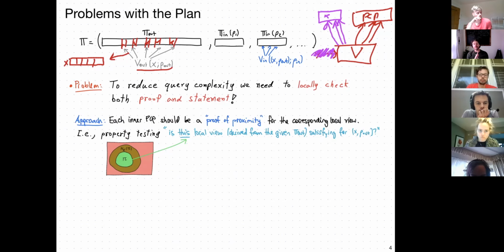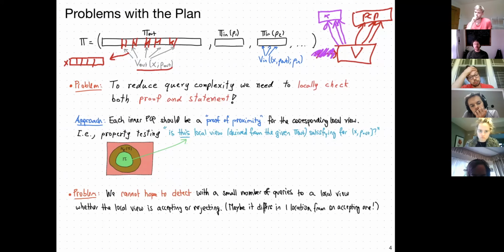And suppose that we had this nice feature that somehow, all local views are either perfectly fine or far from fine, then maybe this should work. So that's the high level idea. But of course, this leads to the obvious problem that we cannot hope that this would be the case.